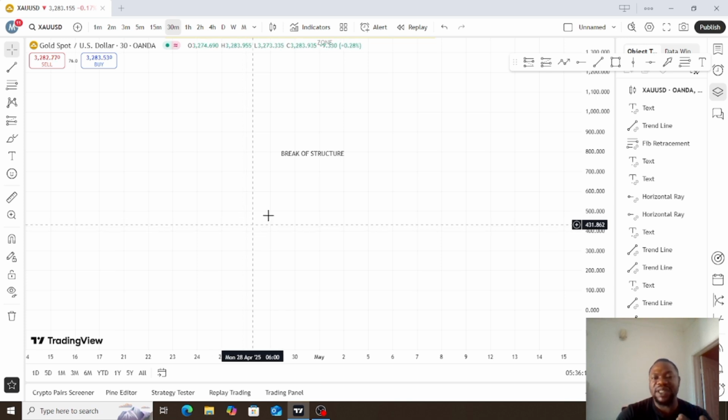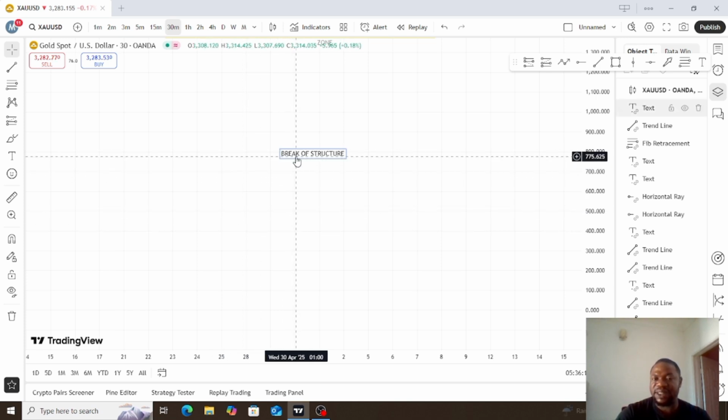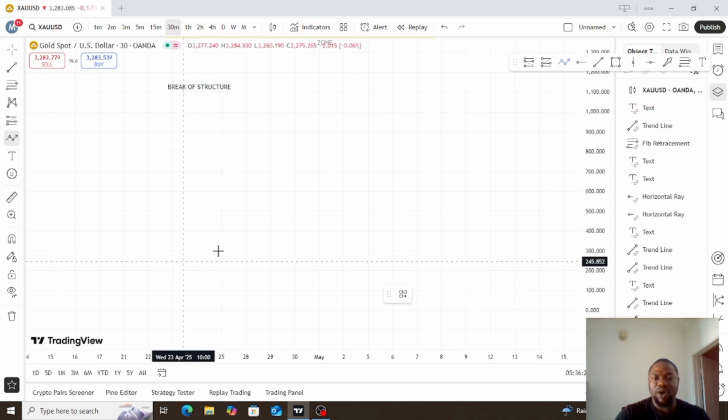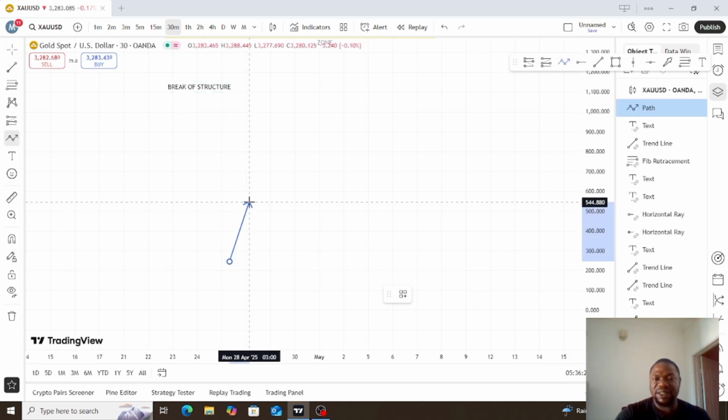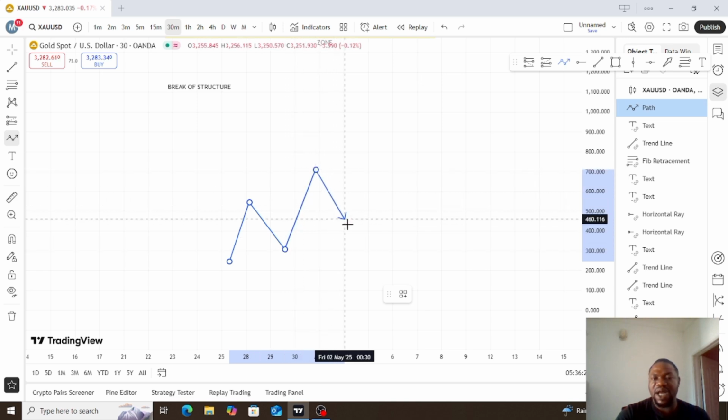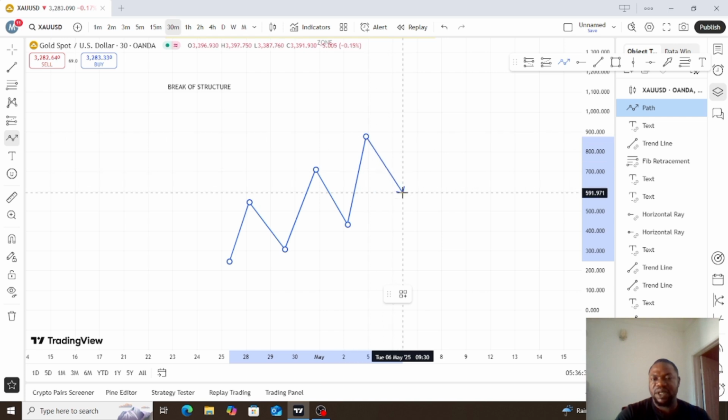So for instance, let us cite an uptrend. And what did I tell you about an uptrend? I already told you that in an uptrend, you must identify at least what? Two higher highs and two higher lows. It's very, very important. You must identify at least two higher highs and two higher lows in an uptrend.